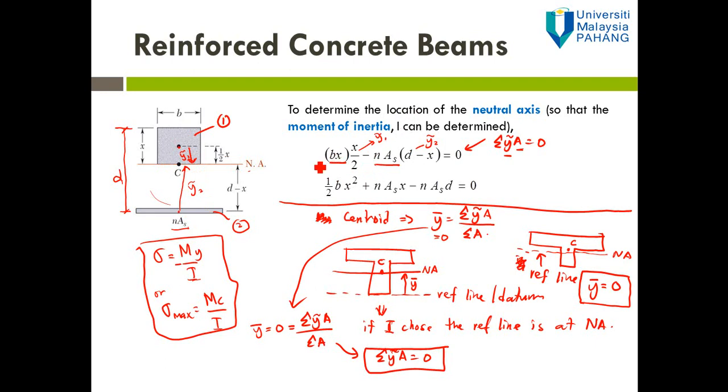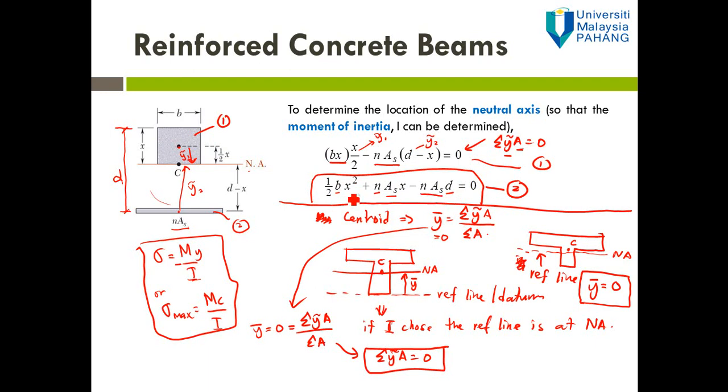So if we expand the equation, let's say this is equation 1. If we expand this equation, we get this one, let's say this is equation 2. If we know the value of B, the value of N, we can calculate the value of As, and then d normally is given, and As can be calculated.